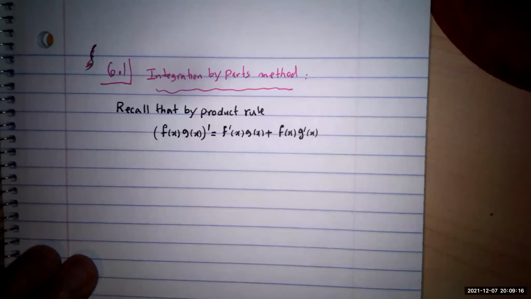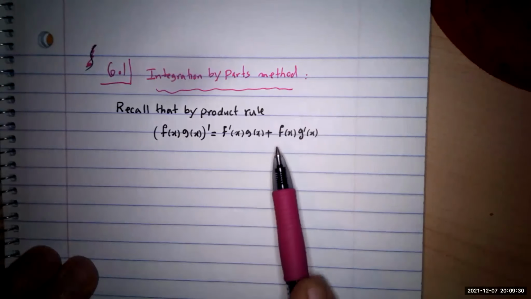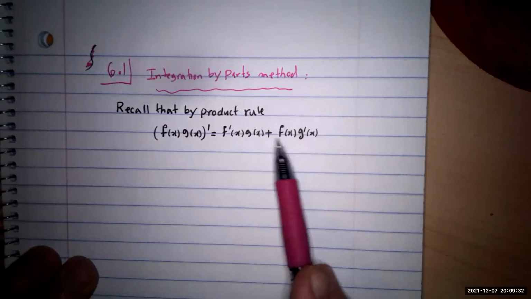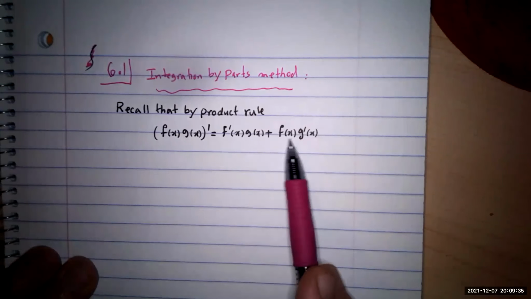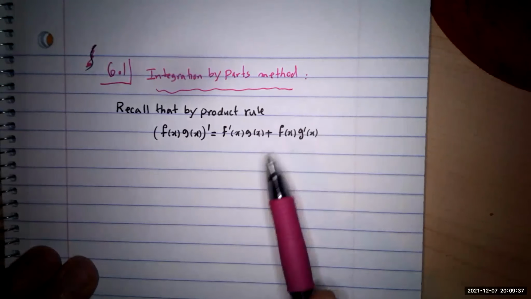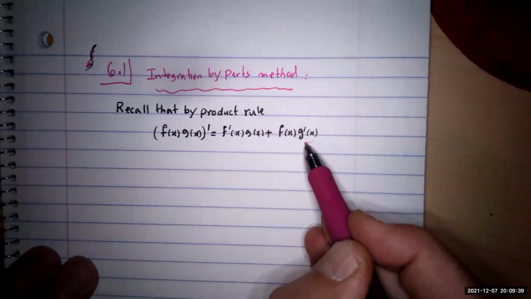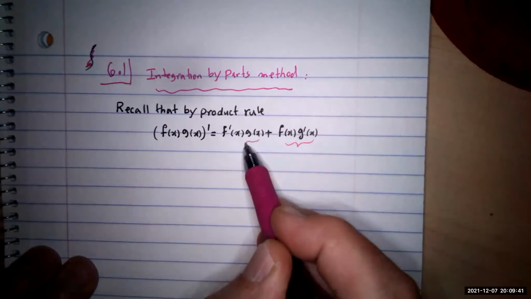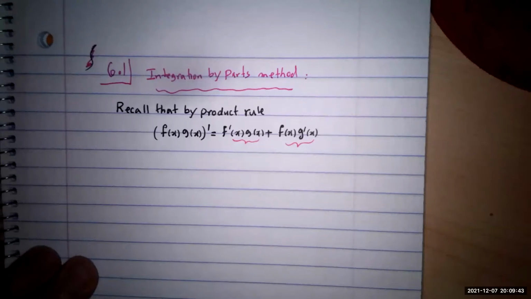Now, I want to change it into the equivalent form for integration. I'm going to solve this equation for one of these terms. I keep f of x, g prime of x on one side, and I subtract the other one.